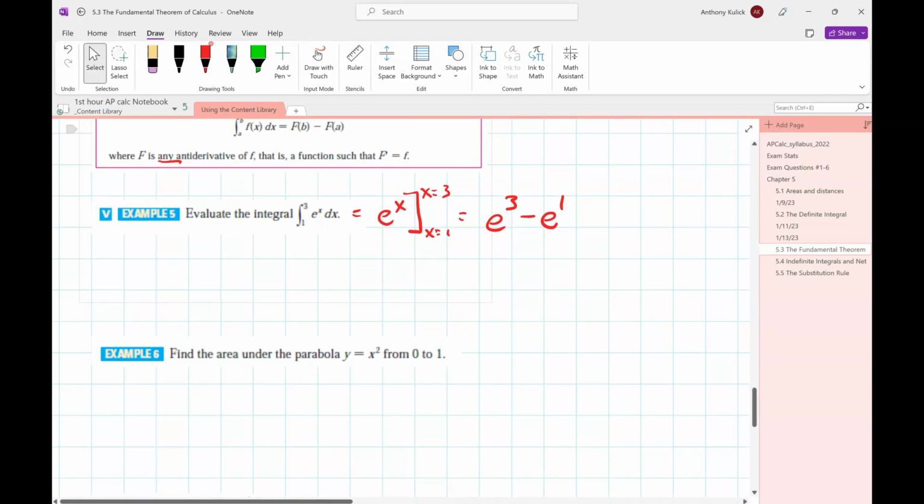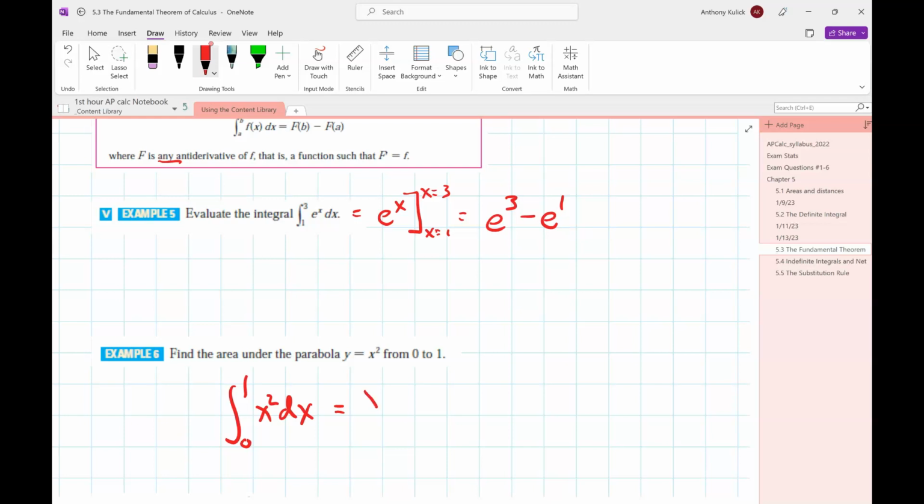Let's do another one. We want to find the area under the parabola y equals x squared from 0 to 1. So we need to do this, right? What's the antiderivative of x squared? X cubed over 3.